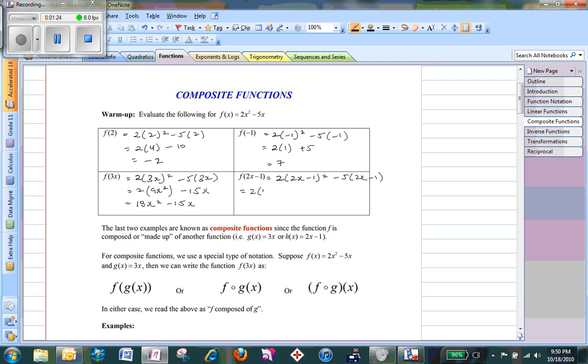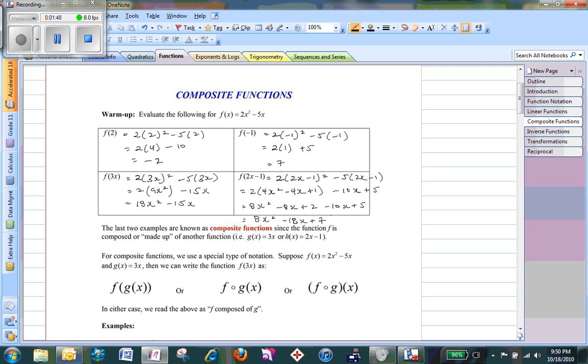That's 2 times (4x squared minus 4x plus 1) minus 10x plus 5, which is 8x squared minus 8x plus 2 minus 10x plus 5. Collect like terms, and you get 8x squared minus 18x plus 7.